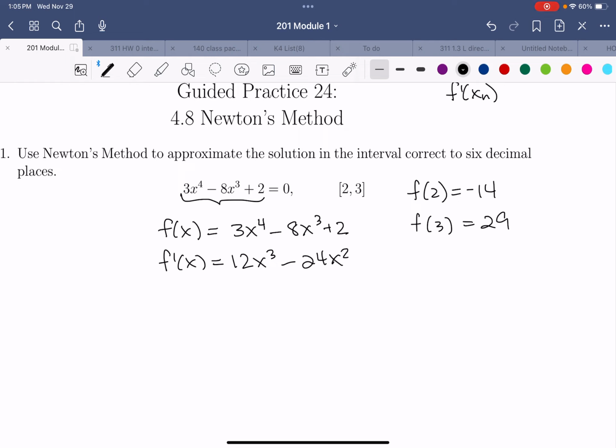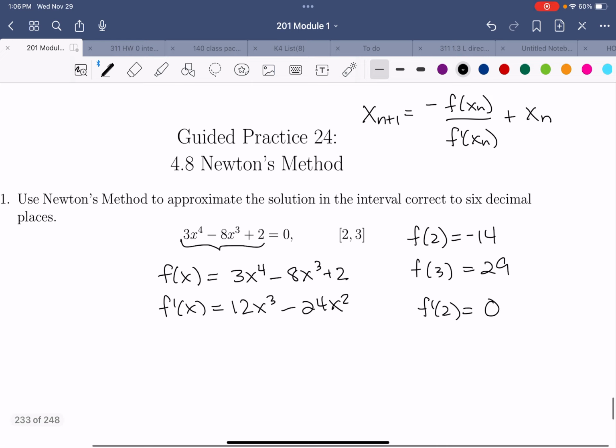If you try to choose 2, when you plug 2 into the derivative, you're going to get 12 times 8 minus 24 times 4, and that turns out to be 0. This is similar to the one we did in class where choosing that value creates a problem. We get the derivative equals 0, and so when we plug into our formula, we're going to divide by 0. So we can't have that one. So 2 is not a good choice.